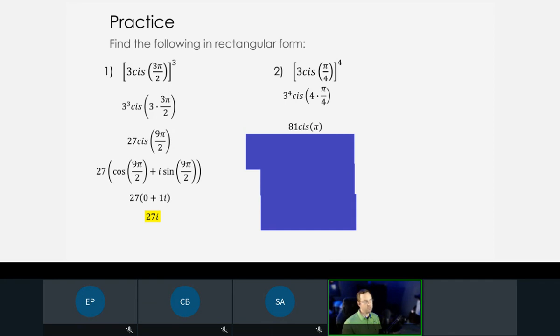So we're going to have 81 times cosine of pi plus i sine of pi. Oh, and by the way, along with radicals being after the i, trig functions also go after the i. All these little rules.